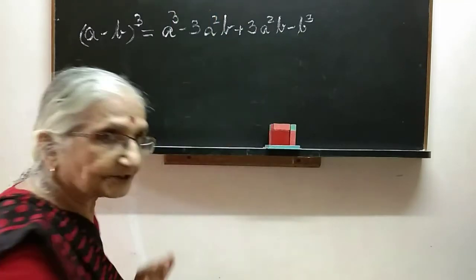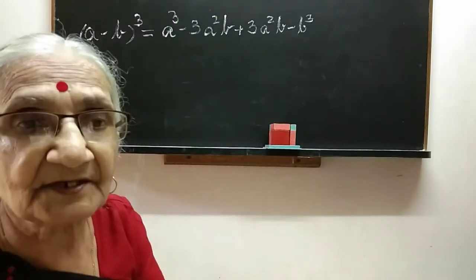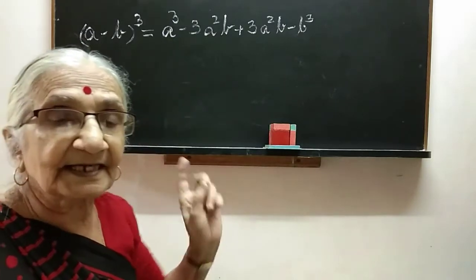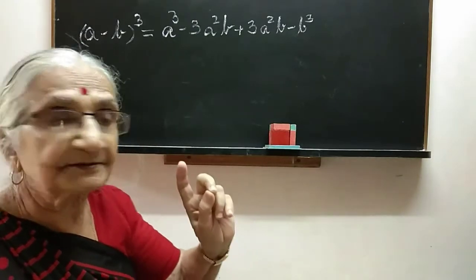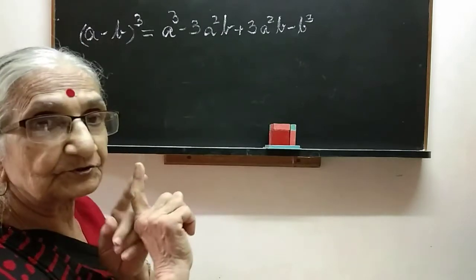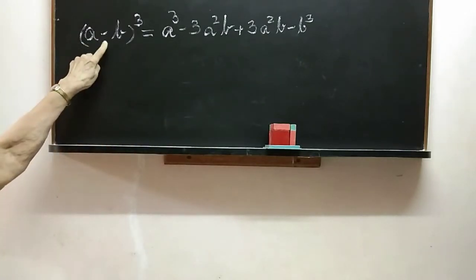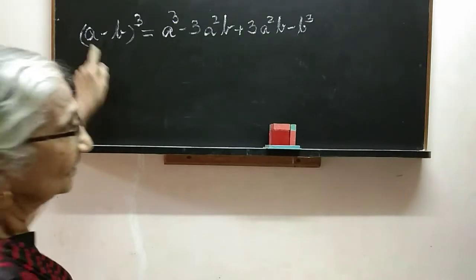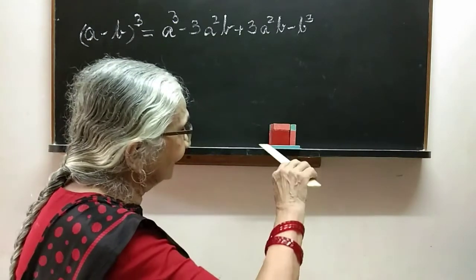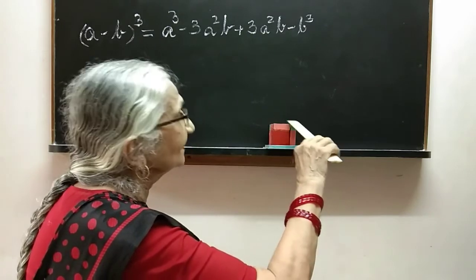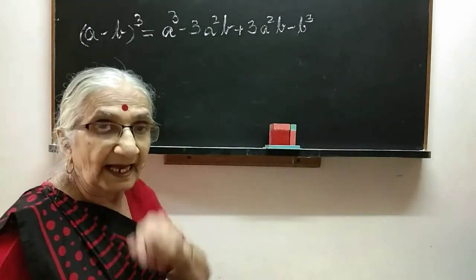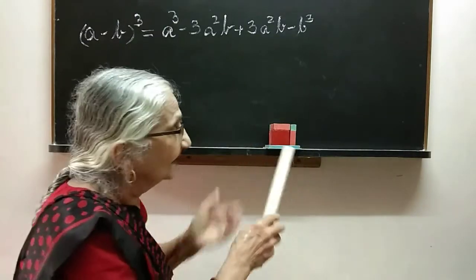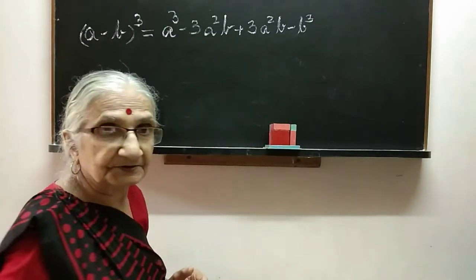This is our identity. And as we have seen and decided already, as in the case of a plus b bracket square, here also, because there is a minus, we shall take the whole as the bigger one, a. So we shall take this entire length here as a. And what will be our b? A part of it, either this or this.